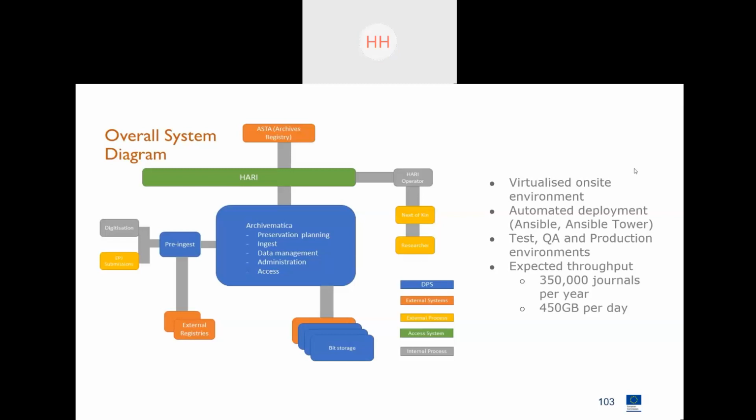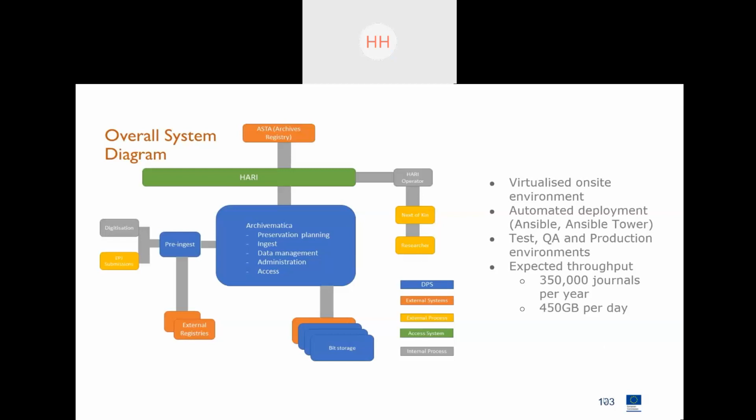Here's an overall system diagram of our system. We have Archivematica as the preservation engine. We have the HARI as the register, and we have two search interfaces in HARI: one for next of kin search and one for the researchers.